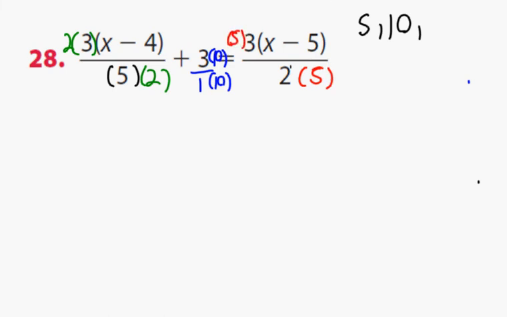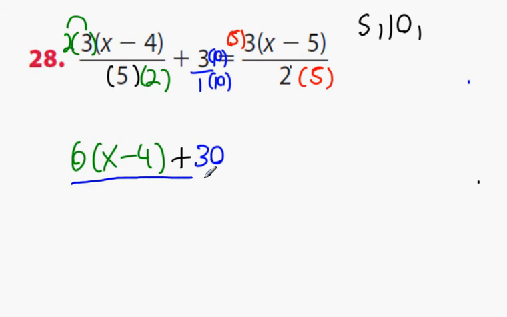Let's see what formula we have now. We're going to have 2 multiplied by 3, 6 into x minus 4. Are you happy with that? Yeah. 3 by 10? 30. All over what denominator? 10. Okay.